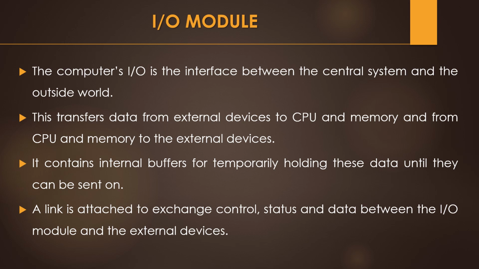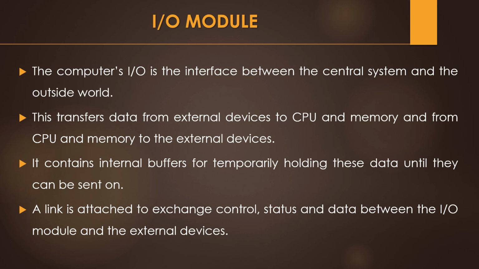So the data could be transferred from the external devices to the CPU and memory. In the memory we can store the data, and from the CPU and memory again the data can be transferred to the external devices. It contains internal buffers for temporarily holding these data until they can be sent on.